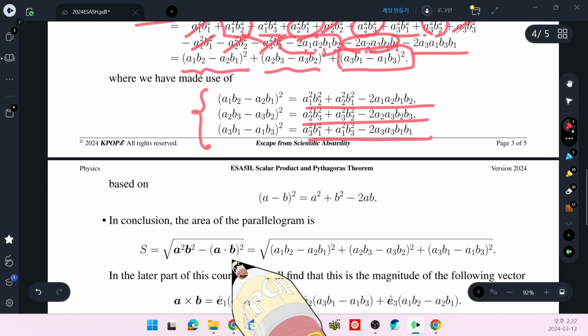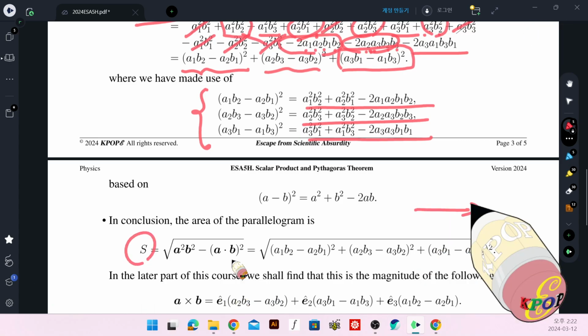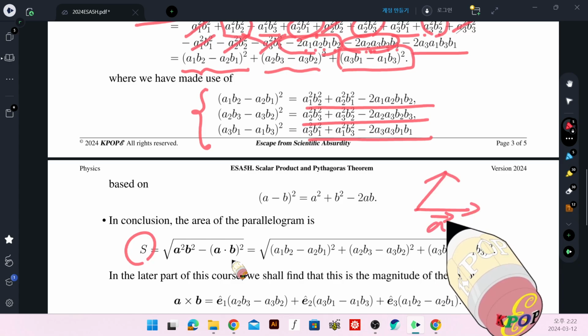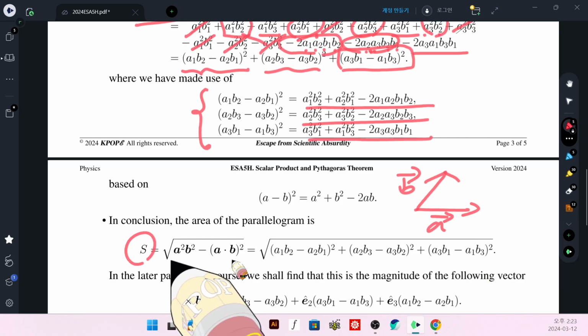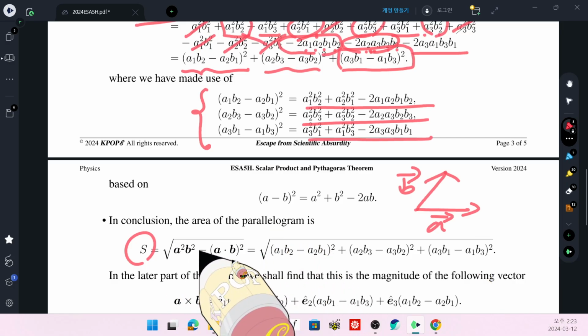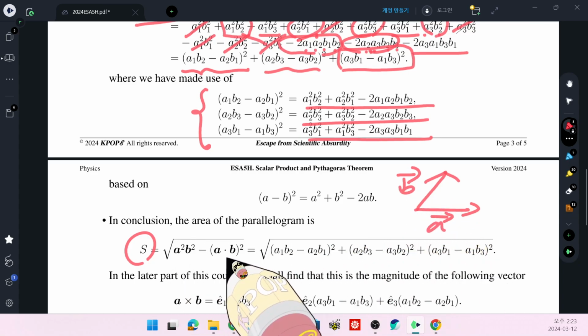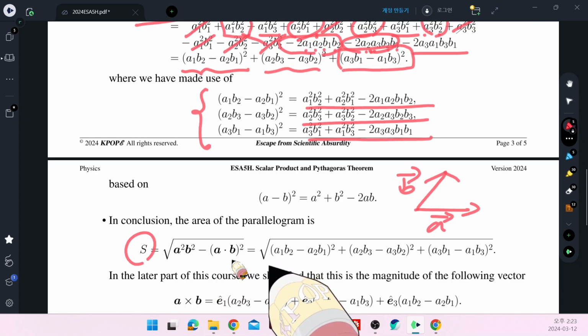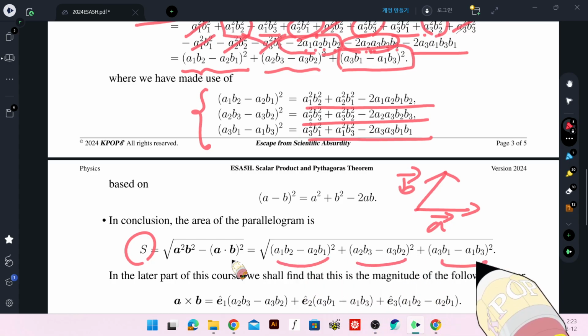Finally, the area of a parallelogram spanned by two vectors A and B is found to be the square root of the product of the magnitude squares of these two vectors subtracted by A dot B squared. That is exactly the same as the square root of the sum of these squares.